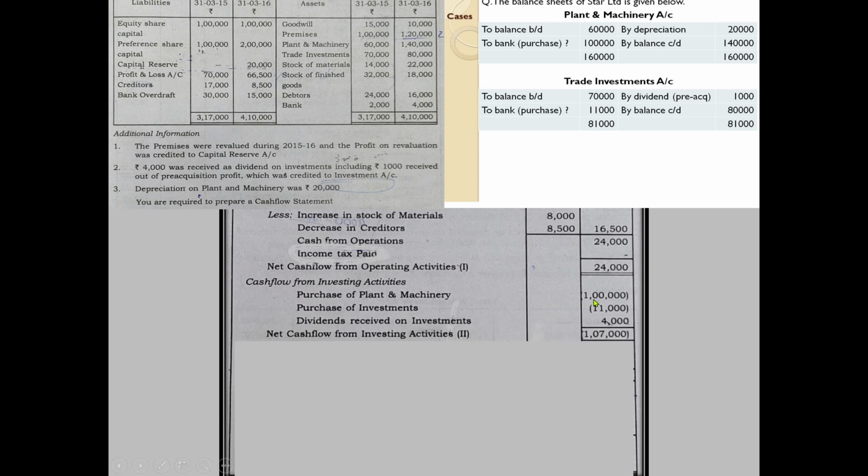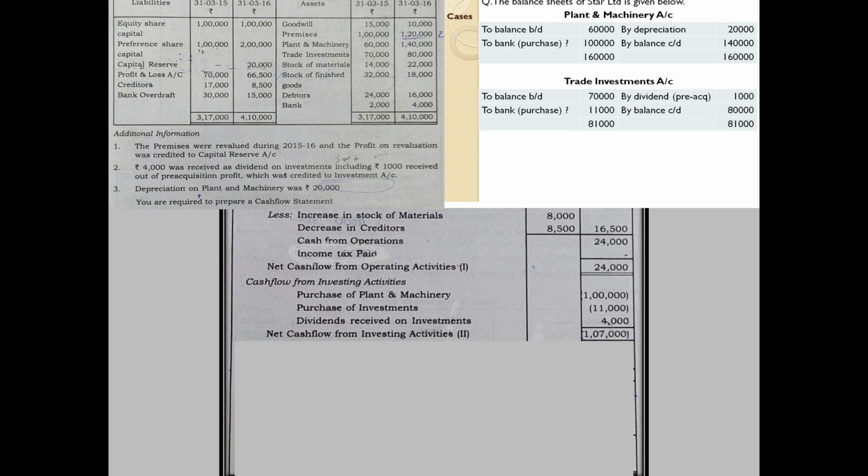Next one, dividend received on investment: as mentioned in the adjustment, 4,000 was received as dividend on investment, so the full amount has to be shown in the statement as 4,000. If you adjust all these three amounts, you will get a net cash outflow of 1,07,000 from investing activity. Since it is a negative value, you have to show it within brackets.